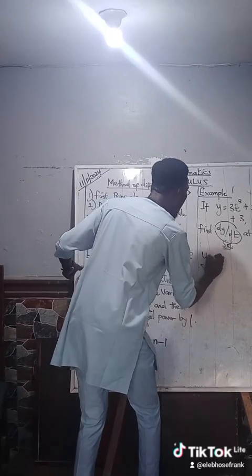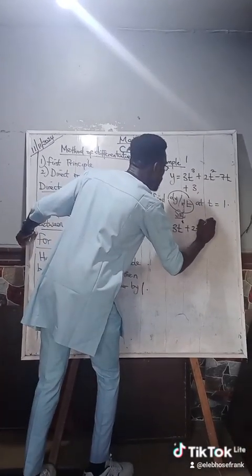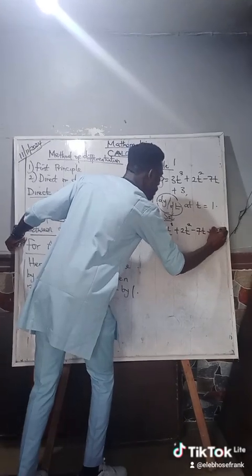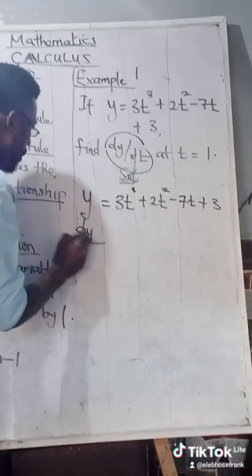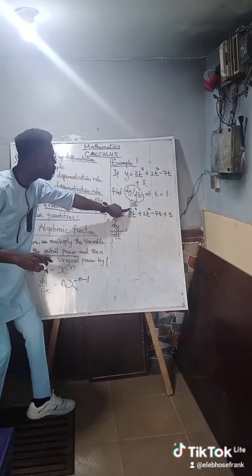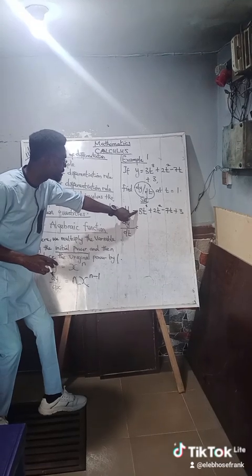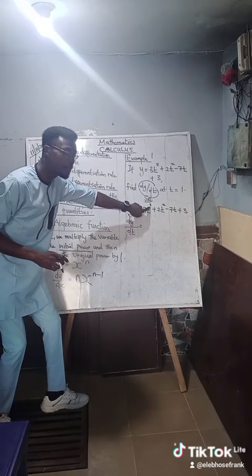Given that y equals 3t cubed plus 2t squared minus 7t plus 3, differentiating y with respect to t. Please pay attention. Remember, you use the initial power to multiply the variable or the constant beside the variable. In this case the initial power is 3.